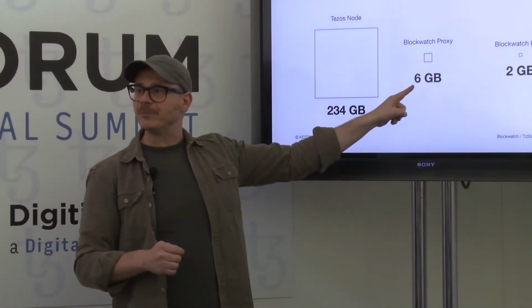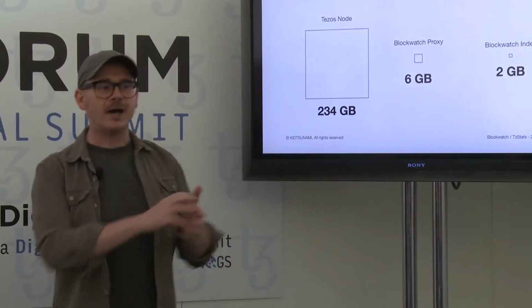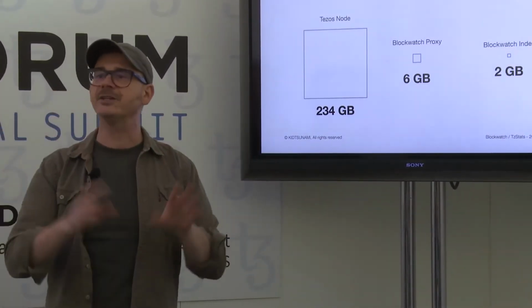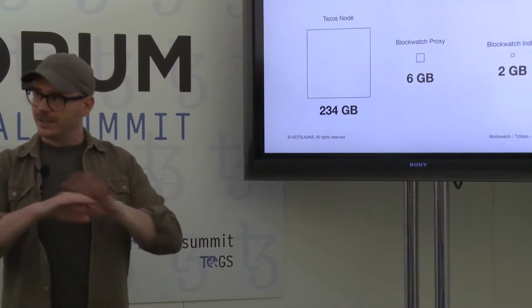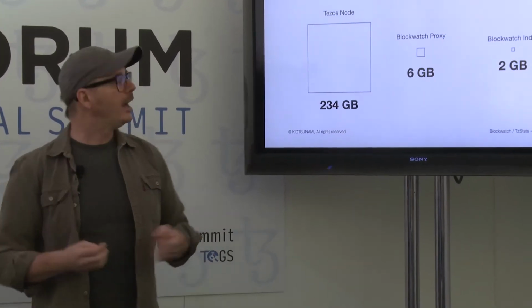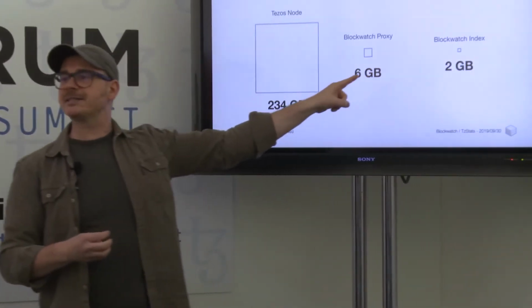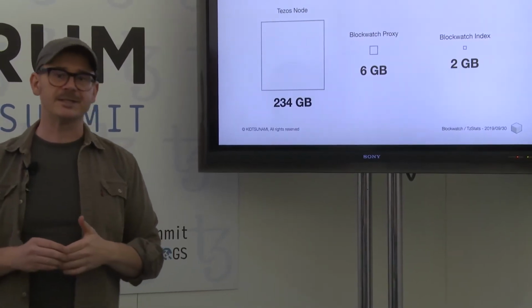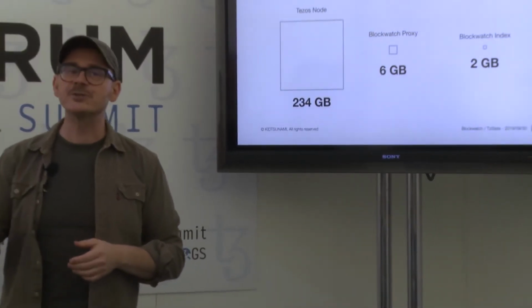The proxy I was talking about extracts RPC data as JSON and compresses it and stores it very flat in a key value store. All this data is 6 gigabytes in size. And the real index with all the analytics that are going on only takes 2 gigabytes in size. That's thanks to the highly efficient data compression in the columnar data store.